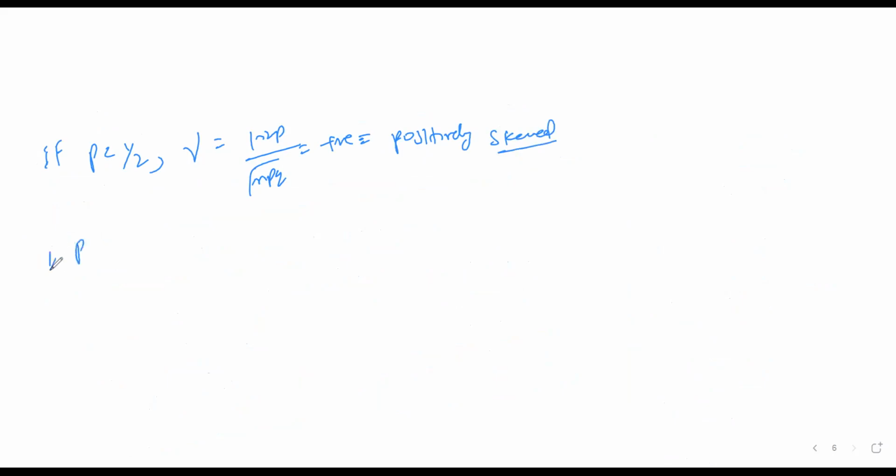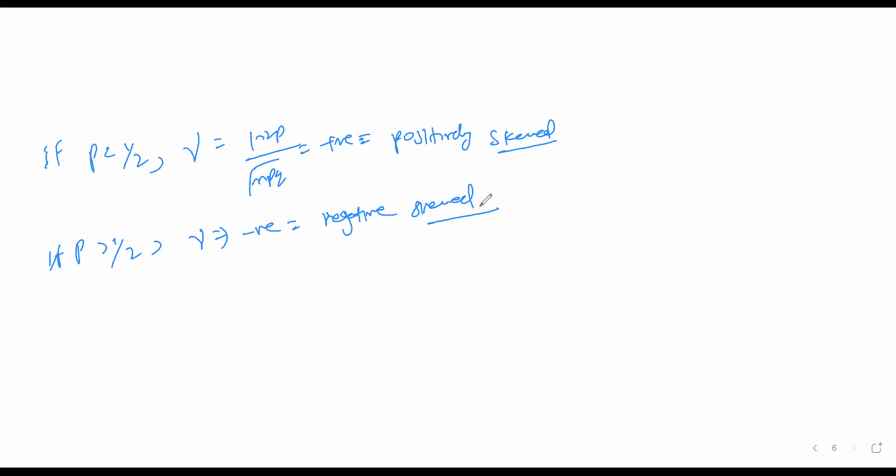If p is less than 1 by 2, gamma is 1 minus 2p divided by root under npq, which will be positive, so the graph will be positively skewed. And if the p value is greater than 1 by 2, the gamma value will be negative, and it's negatively skewed. So these are the properties of the binomial distribution.